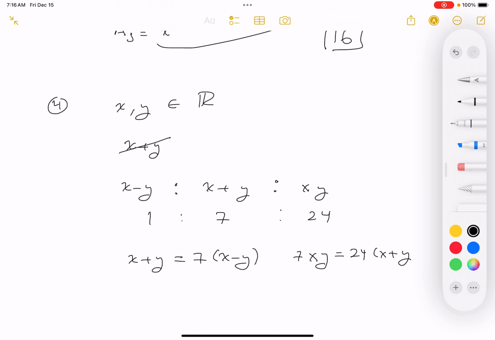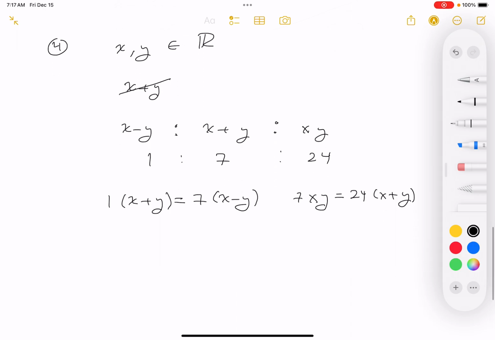All right? Let me just see if I wrote that down right. So x plus y, maybe we should put a 1 in front of that, and then 7 times x minus y. And again, what we're saying, the ratio, 7 to 1, x plus y is to x minus y. And over here, we're saying 7 to 24. That's 7xy is equivalent to 24 times x plus y.